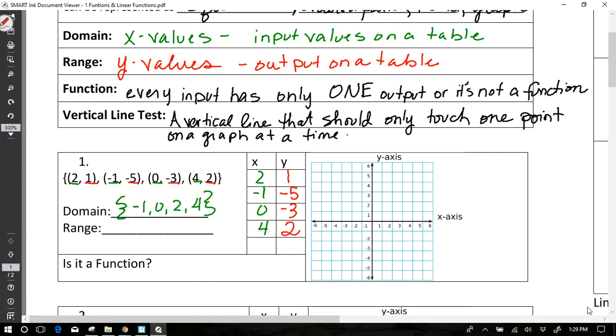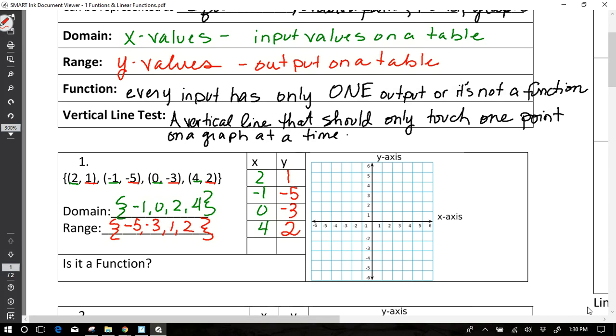So those range values are my output values. And now I'm going to make my list in my braces. And let's put those in numerical order. So the smallest number here is -5, -3, 1, and 2. And there are no repeats.